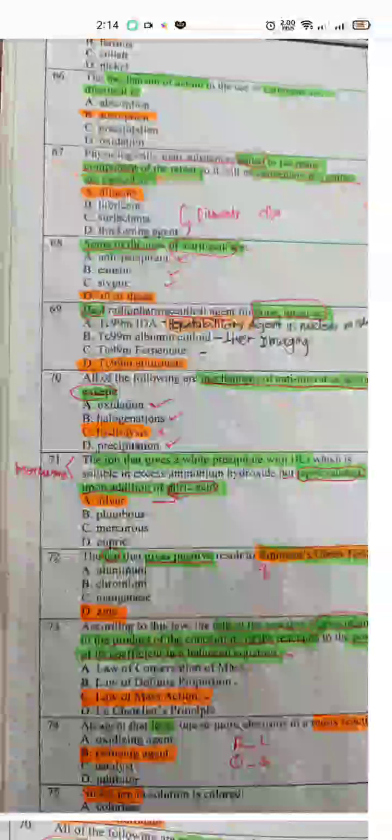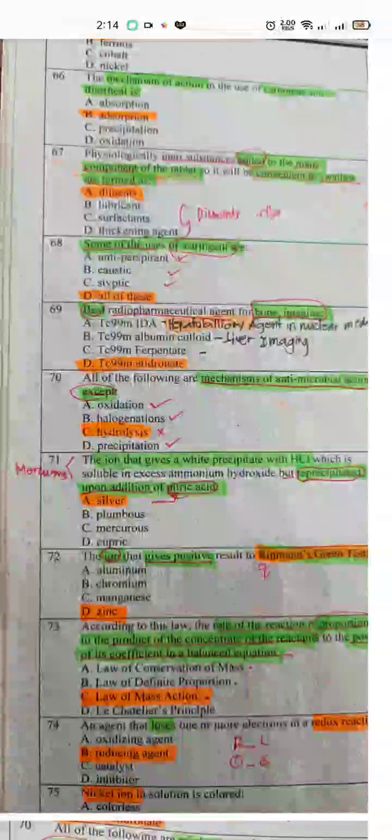Number 71, the ion that gives a precipitate with HCl, which is soluble in excess ammonium hydroxide but precipitated upon addition of nitric acid, is your silver.